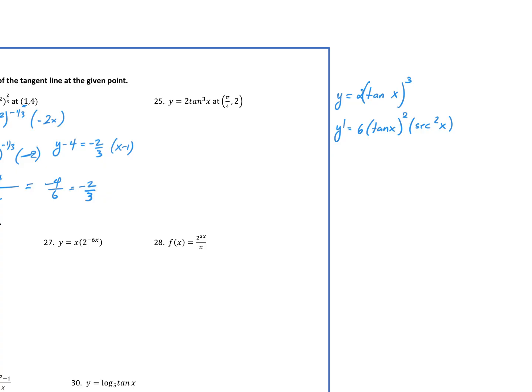And we're doing this at pi over 4, with pi over 4 equals x. Y prime. Tangent of pi over 4 is 1. That's nice. So 6 times 1 squared times secant of pi over 4, and I'm going to square it. I'm going to use a triangle here. Pi over 4 is 45 degrees.